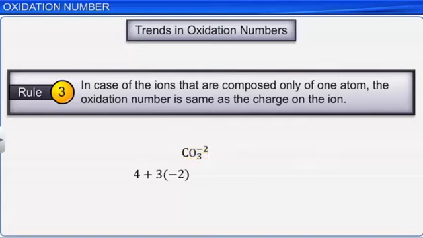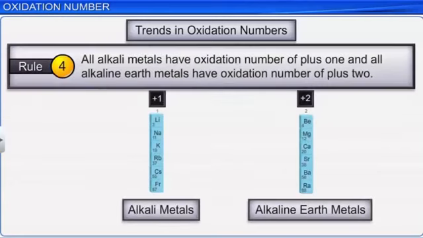So 4 plus 3 multiplied by -2, which is 4 minus 6, is equal to -2. The fourth rule says that in their compounds, all alkali metals have oxidation number of +1 and all alkaline earth metals have oxidation number of +2.